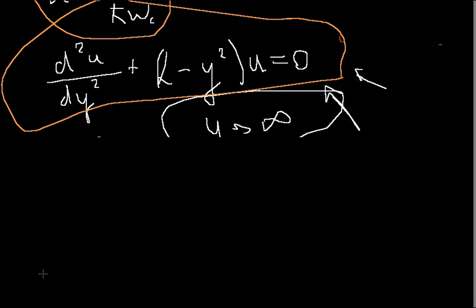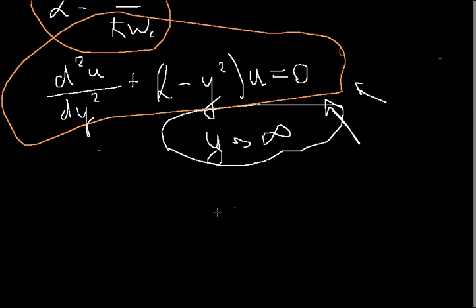And let's make the assumption that we have infinite y after my substitution. This substitution lets us neglect this term, because it's a constant, and rewrite the equation in the following form.